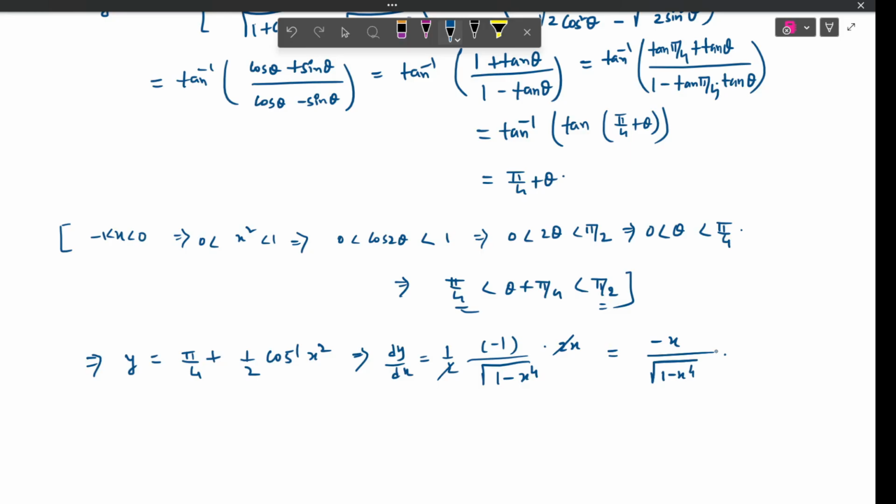That's how you have to use trigonometric substitution and the domains of inverse trigonometric function, because it is very important as far as your examination is concerned. Okay, this is a very important question.